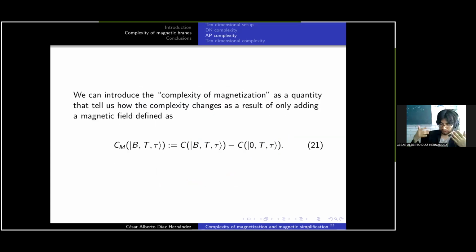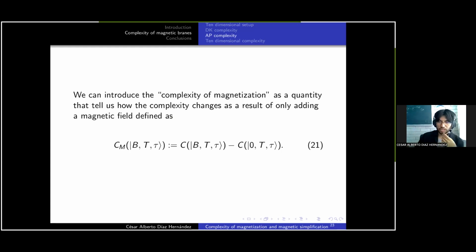We can ask ourselves, well, why is this happening? Why is the complexity decreasing? I would have imagined that the complexity would always increase. Adding magnetic fields should make it more difficult to form the states. So why is this happening?